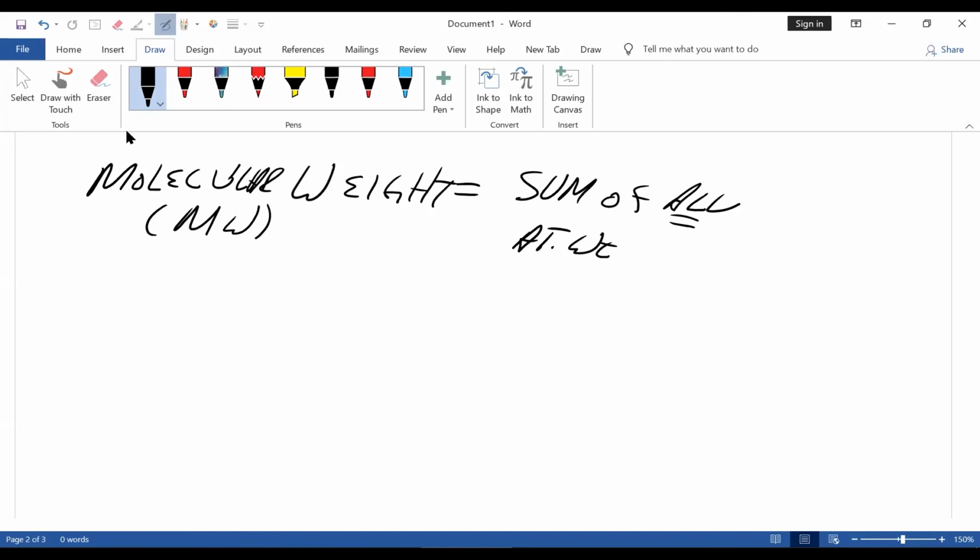Now, the molecular weight, which I always abbreviate MW, is the sum of all atomic weights.